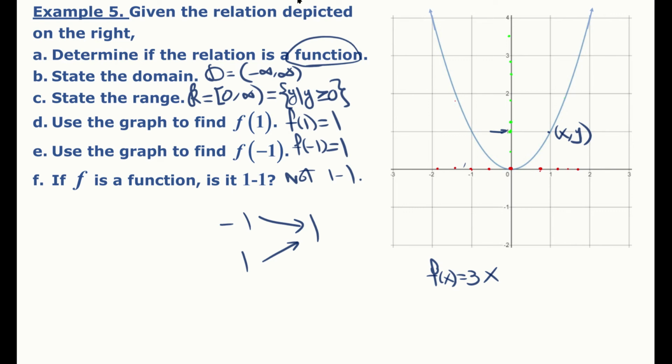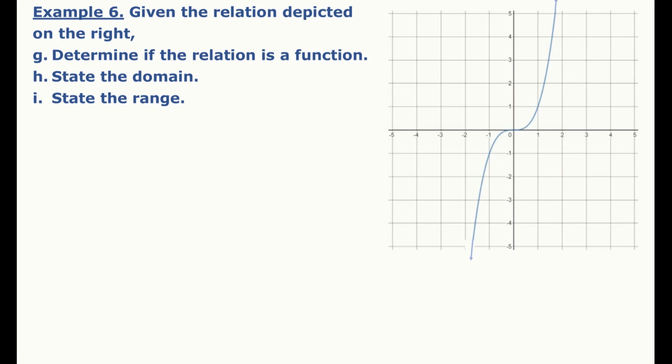So this is like a quadratic graph. This one here is actually a cubic graph. This is the graph of f of x equals x cubed. On the previous page, that was the graph of f of x equals x squared, etc. These are all very well behaved functions called polynomial functions. So it is a function.